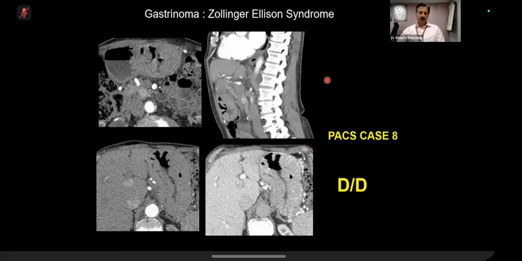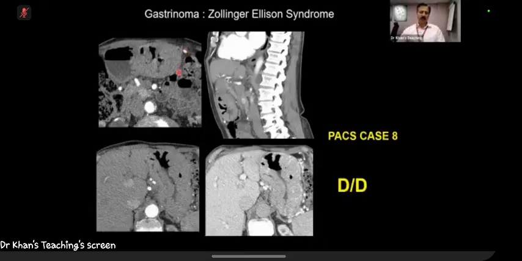This case, I will give you the findings. Actually, let me tackle it as a teaching case. Here, what is happening is that there is an enhancing nodule here in the region of the pancreas.